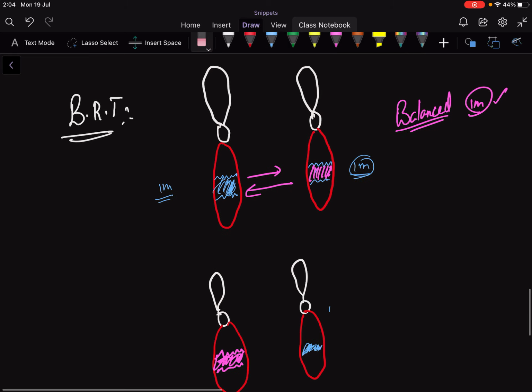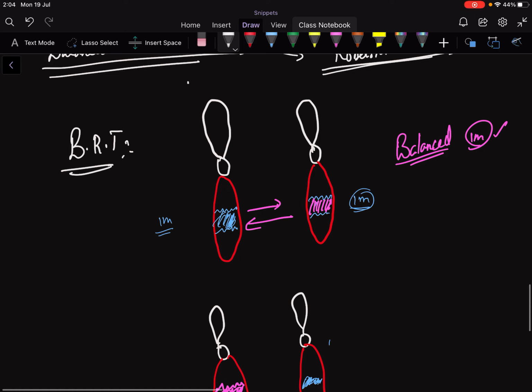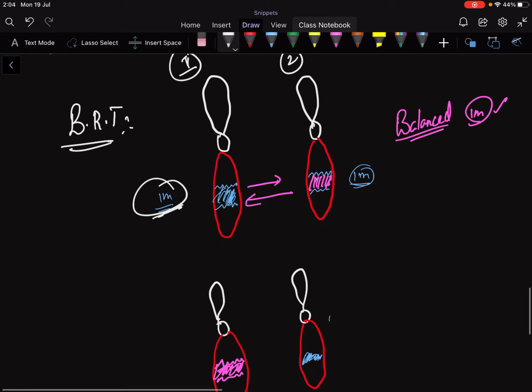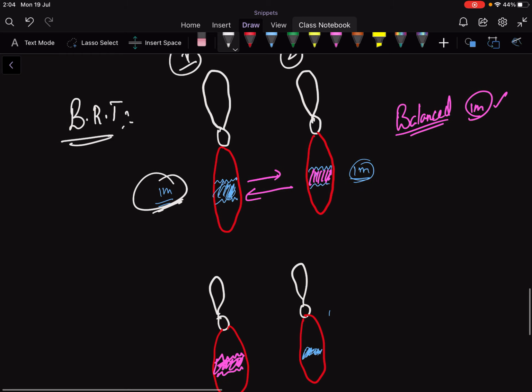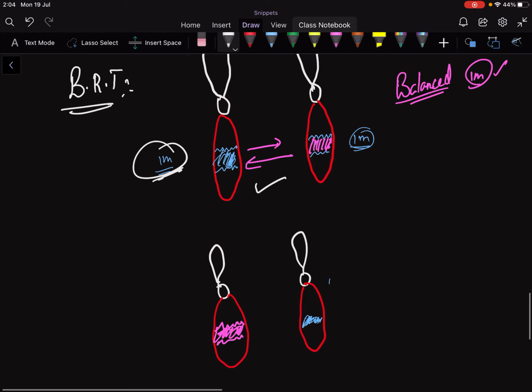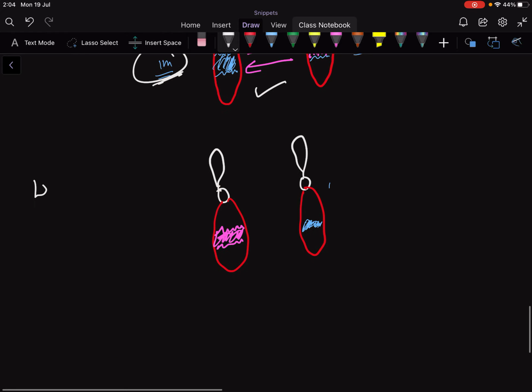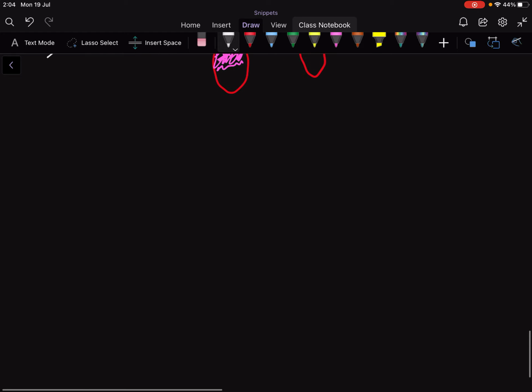Suppose this is chromosome number 1 and this is chromosome number 2. Genetic exchange is happening between chromosome 1 and 2. The blue material is exchanged with the pink one, and the pink one is exchanged with the blue one. This is called a balanced reciprocal translocation. Next we will talk about the Robertsonian translocation.